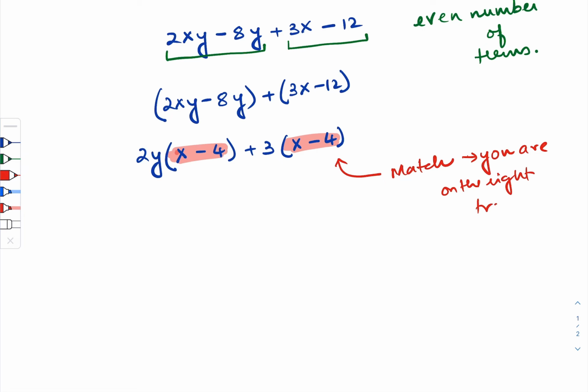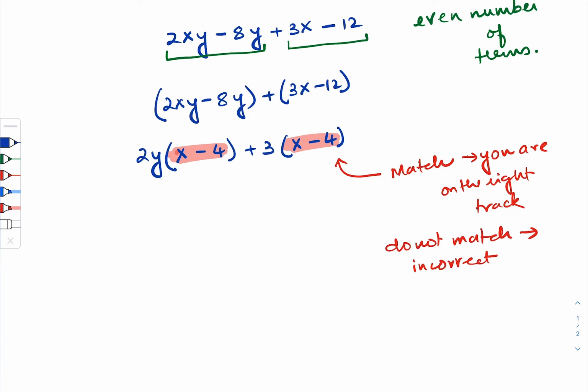If they do not match, then usually that means the way you're going about it is incorrect, so you want to go back and check your steps.